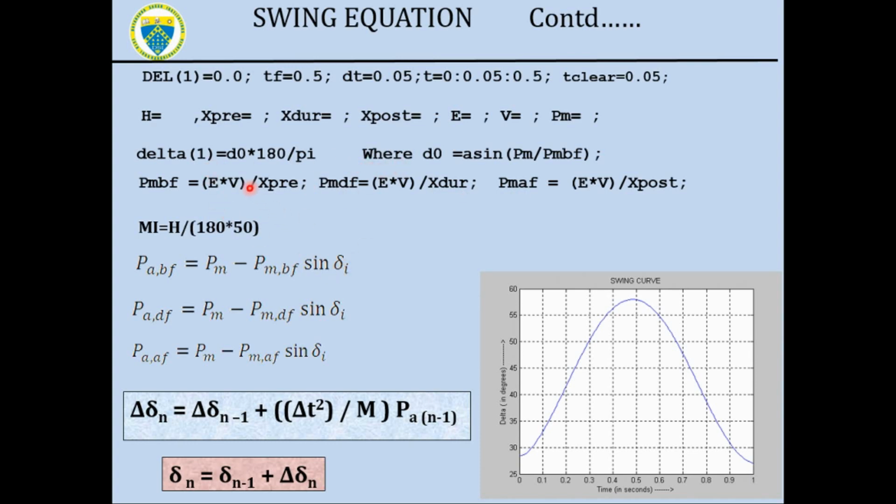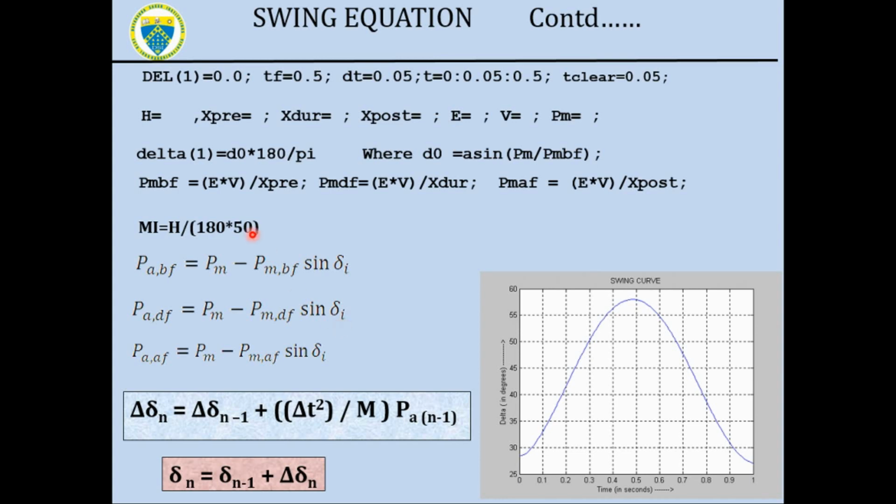We also need the EV, X pre, X post and X during, which we have defined. Apart from the data required for the equations, to plot a graph we need TF, DT, everything we have defined. So these three things are your input data. Then you have to write all these things in the form of MATLAB syntax.